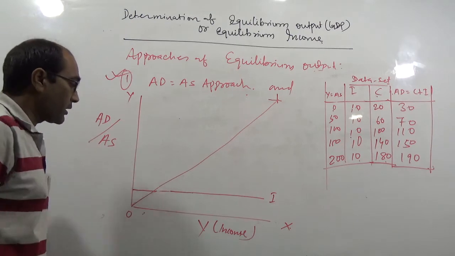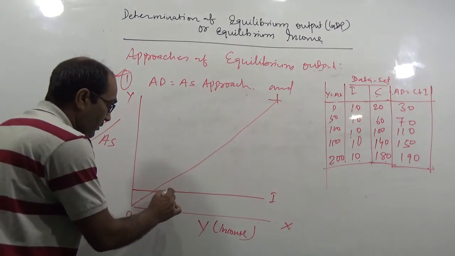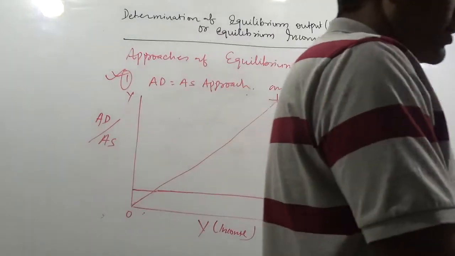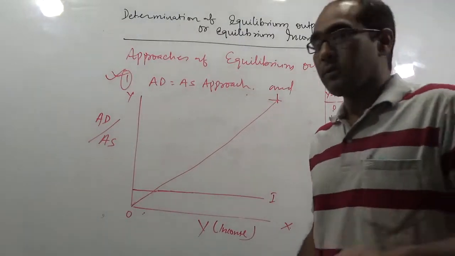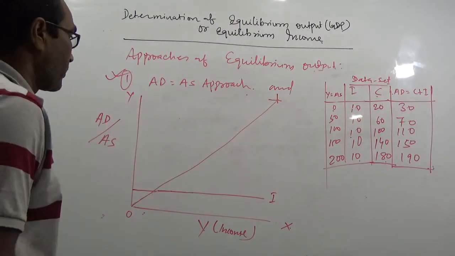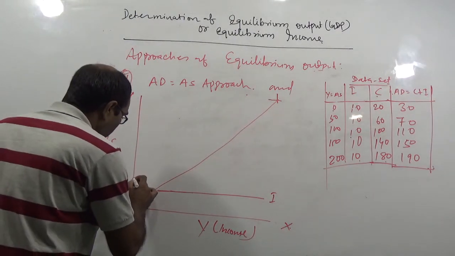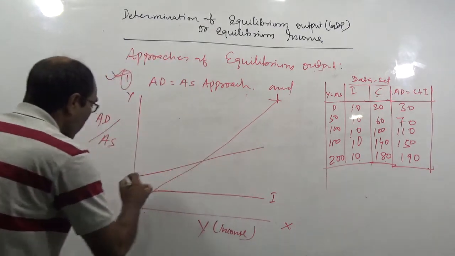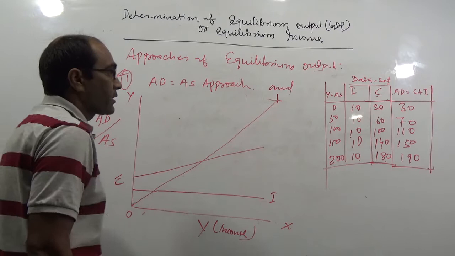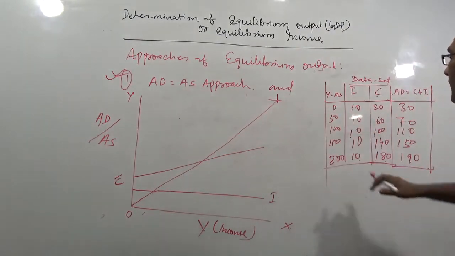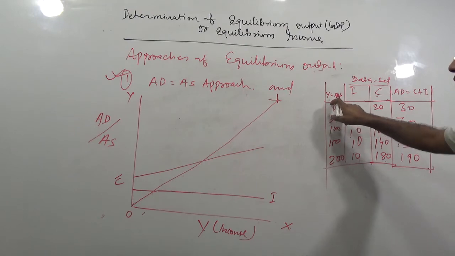And our C curve starts from autonomous consumption, that is, our autonomous consumption is 20. So our C line starts from autonomous consumption expenditure. See the relation between C and Y at the point of zero level of income.